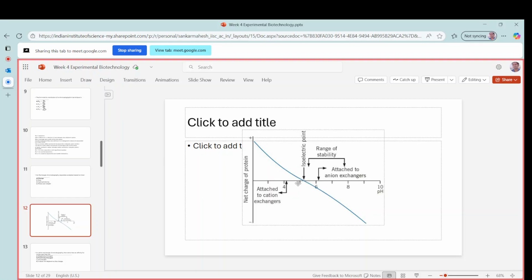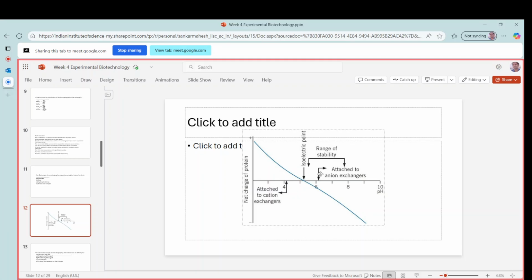If the isoelectric point is lesser than 6 and the pH is greater than 6, it means that this protein can bind to negatively charged ions, which is why you have an anion exchanger.